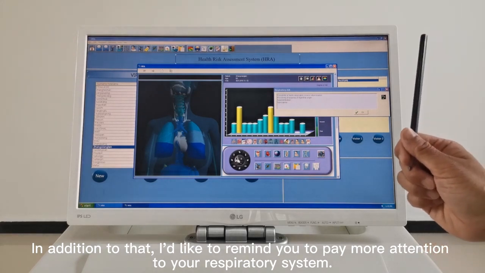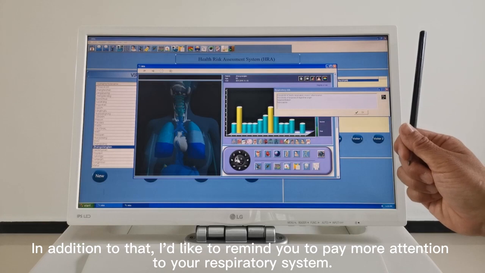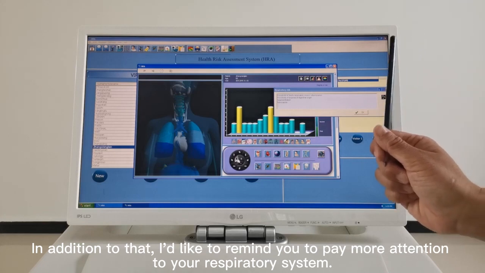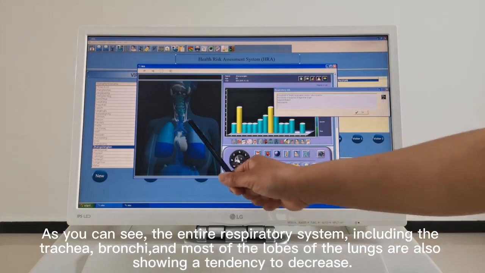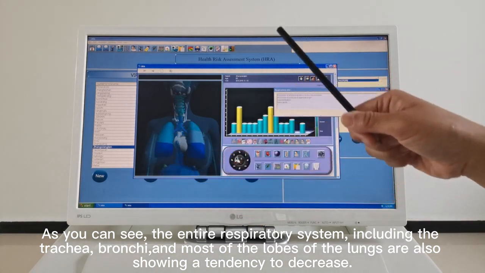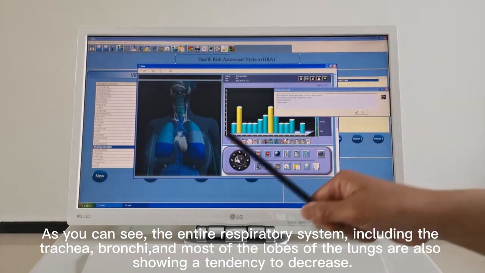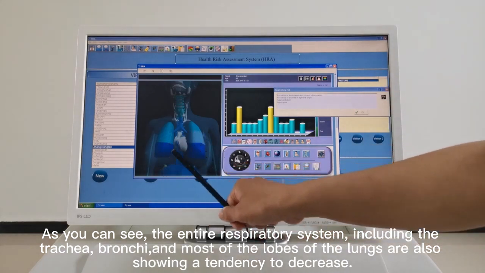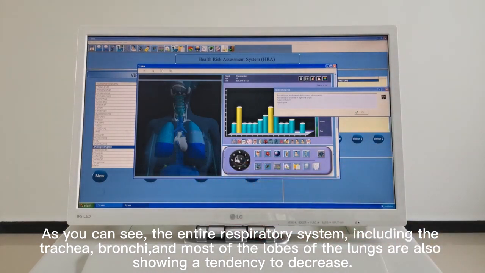In addition to that, please pay more attention to your respiratory system as well. As you can see, the entire respiratory system, including the trachea, bronchi, and most of the lobes of the lung, is also showing a tendency of decrease.